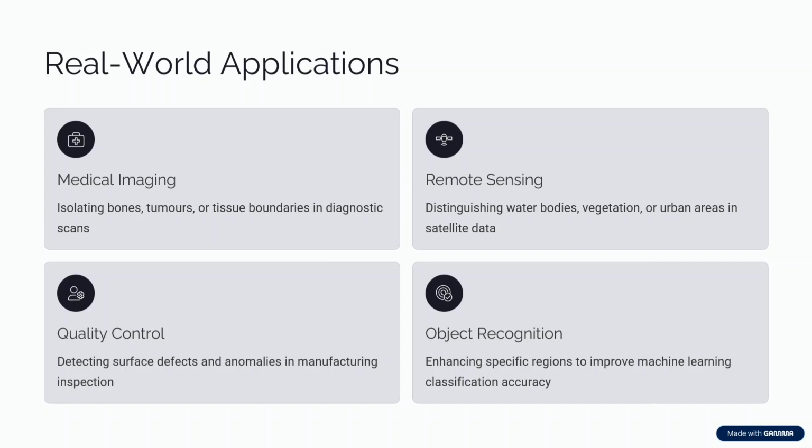In quality control, factories use it to detect defects or scratches on surfaces. And in object recognition, it can highlight a specific part of an image to make machine learning models identify objects more accurately. So even though it sounds simple, gray level slicing plays a big role in making image analysis more effective.